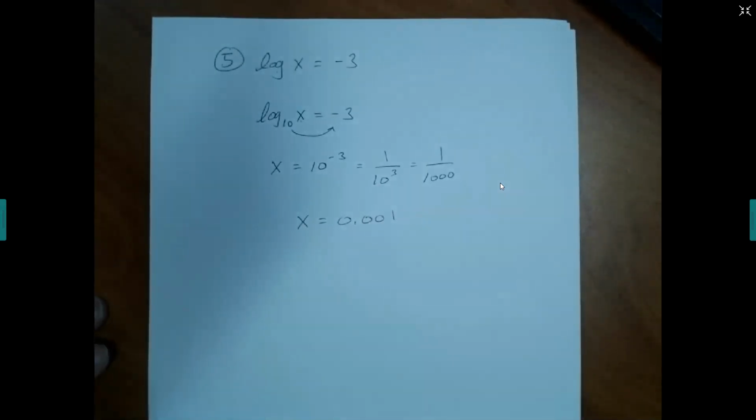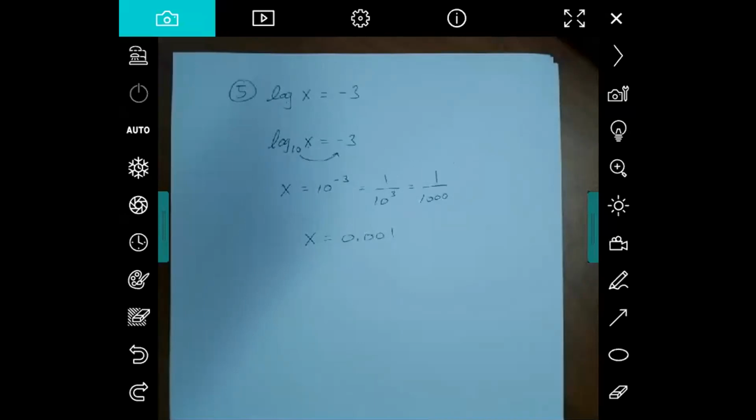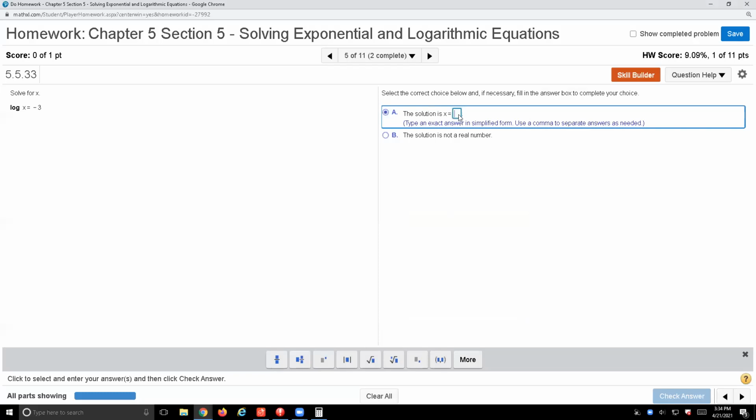So there's your answer. I'm gonna plug these in there and make sure they work. .001.